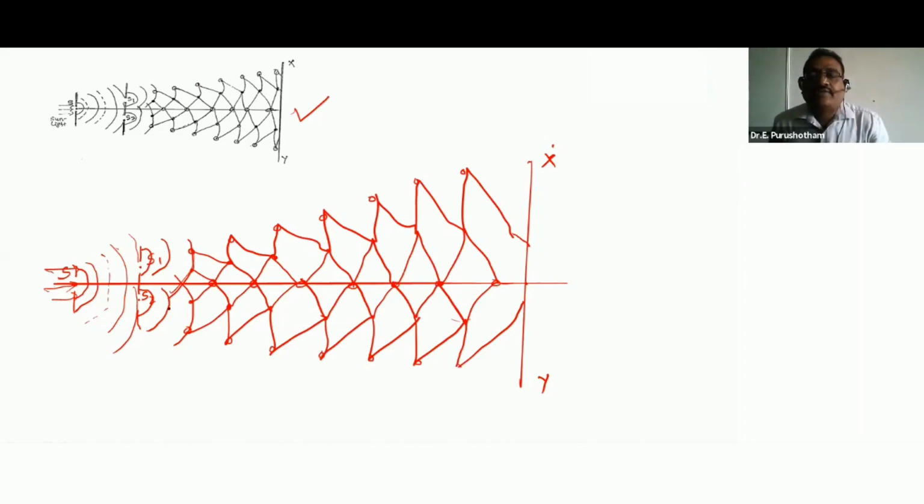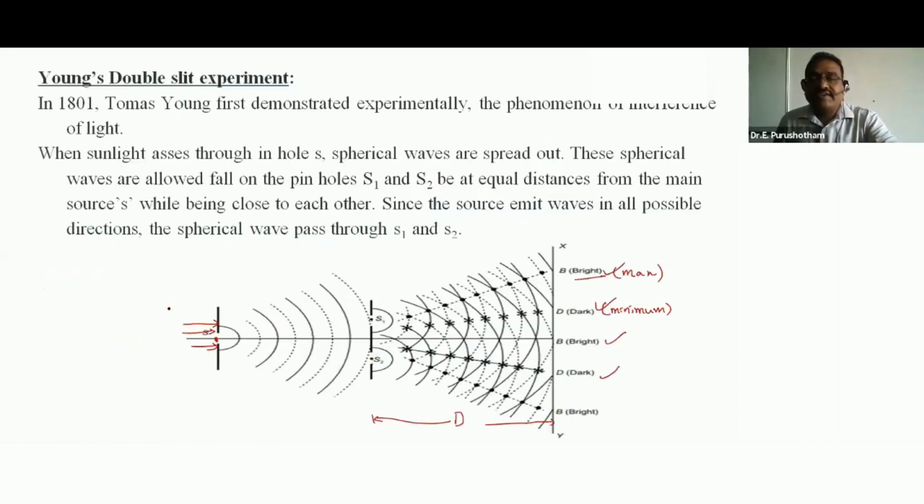If the crest of one wave combines with the trough of another wave, or the trough of one wave combines with the crest of another wave, it produces a minimum intensity dark fringe on the screen. This phenomenon is called destructive interference. So this is the actual pattern.